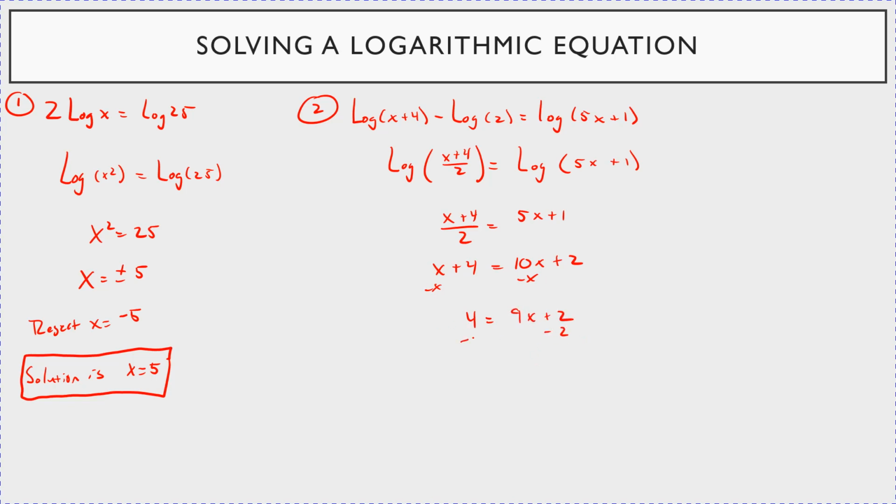Subtract 2 from each side, and you're left with 2 is equal to 9x, or x is equal to 2/9, which you can plug in, and you do not get a negative in the log. So that's the solution right there.